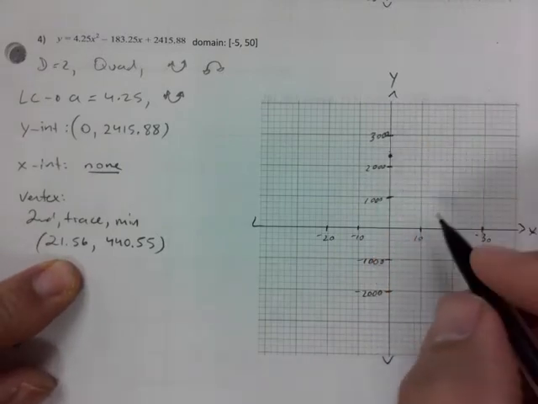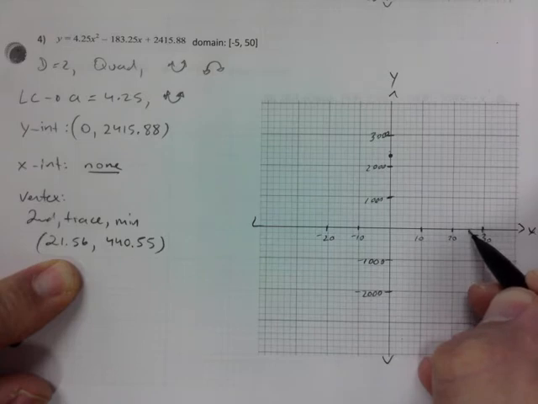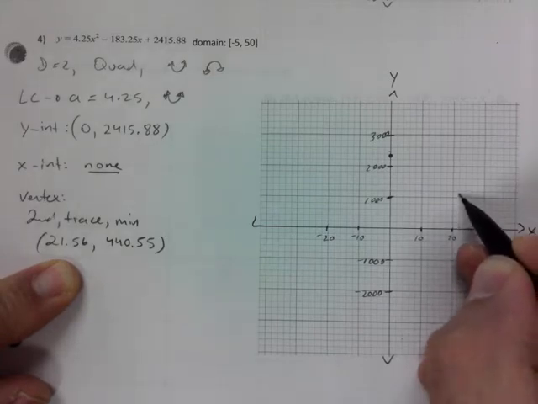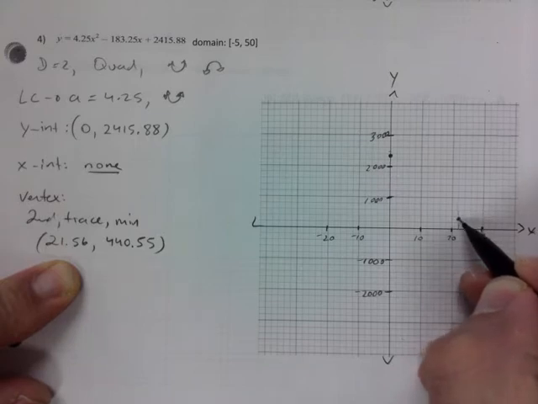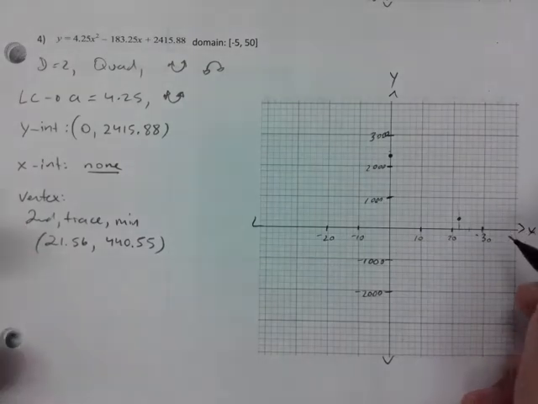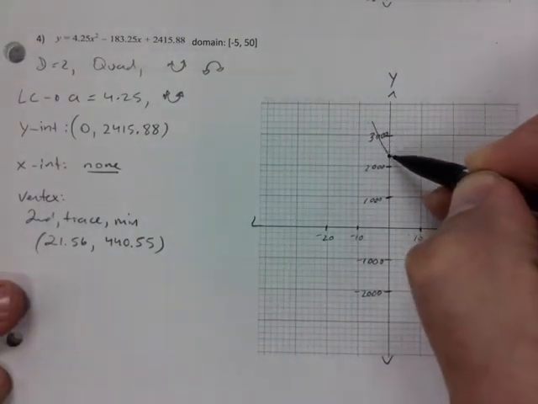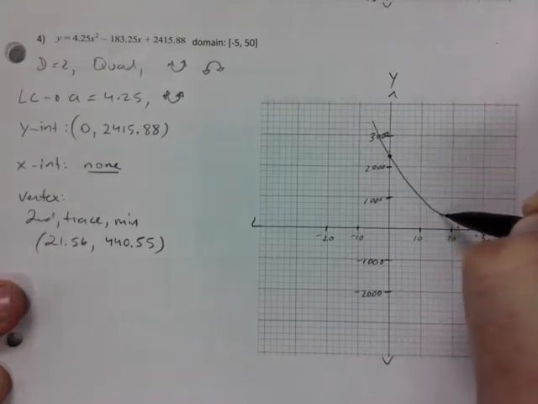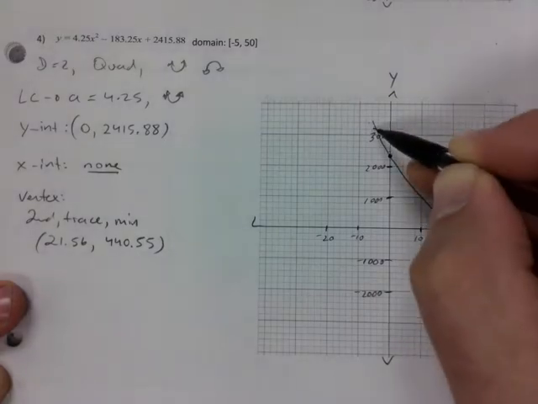And then 21.5, that would be, this is 25, 22.5, so 21 is right about there. And we're going to go to 440. So 500 would be there. So 440 is right about there. And here's where you just try to come up with this and try to make it symmetrical. Okay.